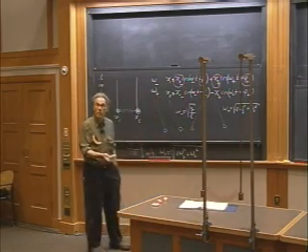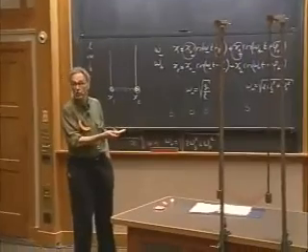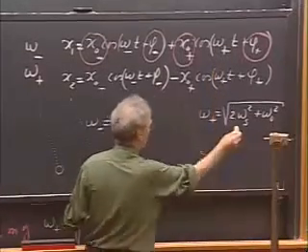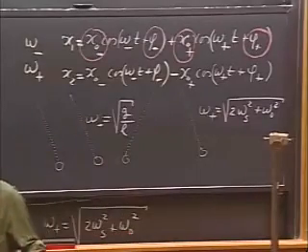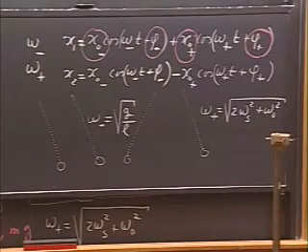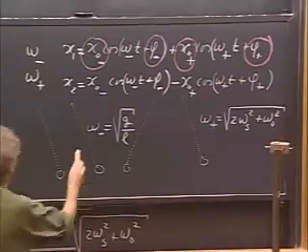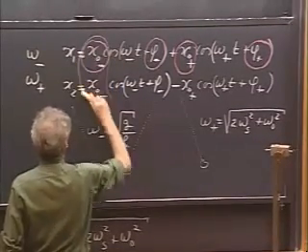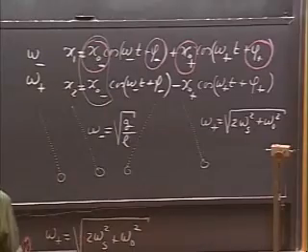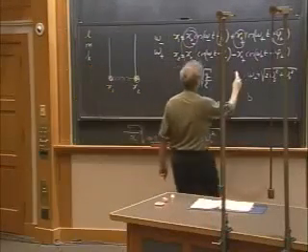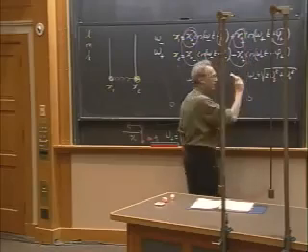That was the square root of g over L. I never put in any initial condition. Independent of the initial condition is omega plus. That's this one. I never put in any initial conditions. Independent of the initial conditions is this ratio, which is +1. And independent of the initial conditions is this ratio, that is -1.